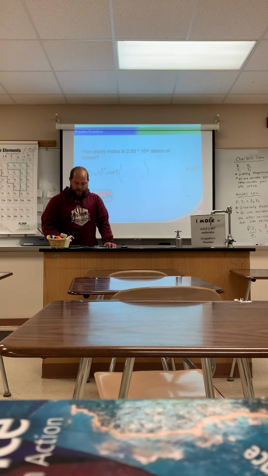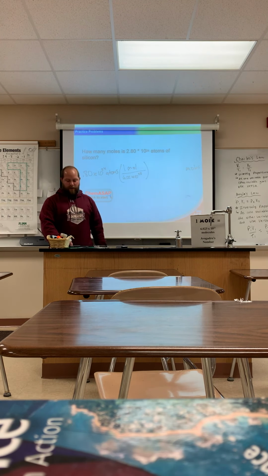This is another one-step problem where you just go 1 mole divided by 6.02 times 10 to the 23rd. In this case, the representative particle is atoms, so we can just say atoms. Atoms cancel.